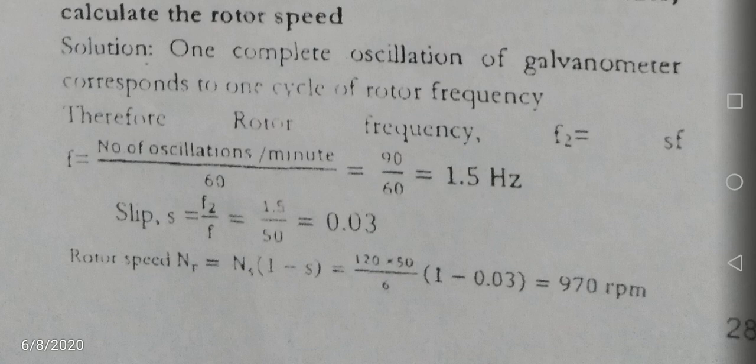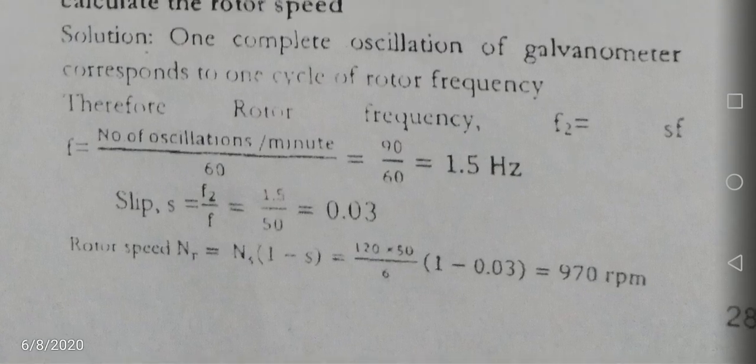The frequency F2 is the number of oscillations per minute, 90 by 60. So it is clear that rotor speed is 970 rpm.